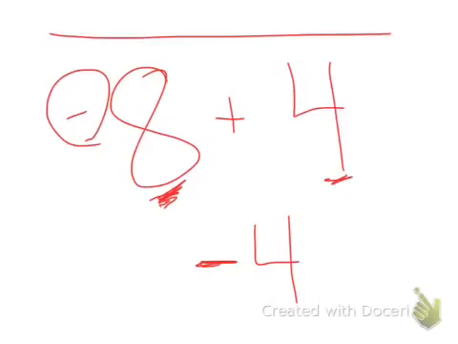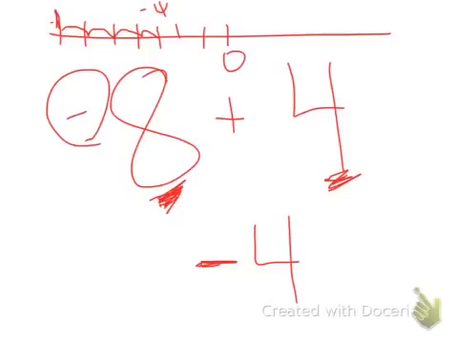Here's why that works. If we start out at 0, we're starting out at negative 8. The reason we're starting out at negative 8 on the negative side is because that digit is further away from 0. So we're going to start out at negative 8, and then we're going to add 4. Now you see that we are still going to be in the negatives. We're just going to take away those 4 from the negative side, and we'll end up at negative 4.